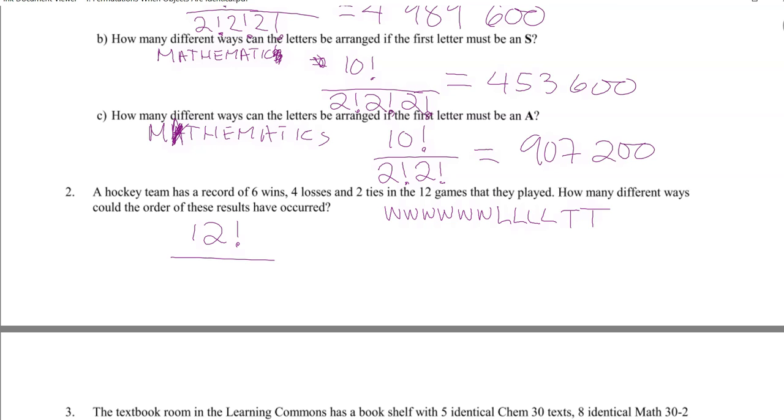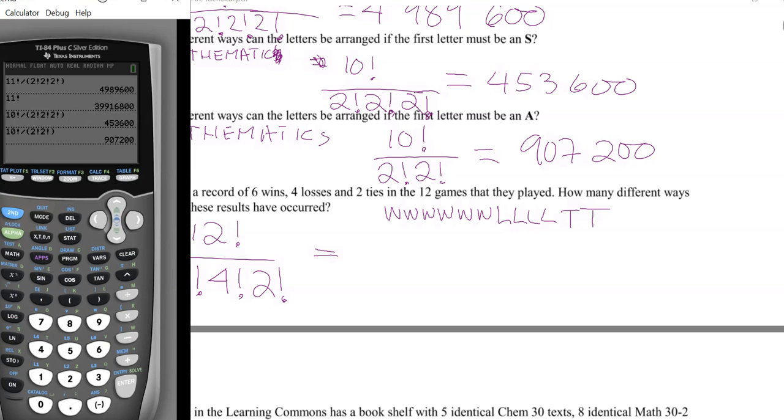But how many are the same? So 6 W's, right? Can't tell them apart, so 6 factorial. Anything else the same? 4 losses, so 4 factorial. And 2 ties. And that is, so let's go back up here.